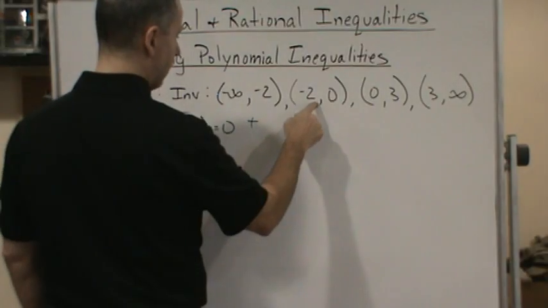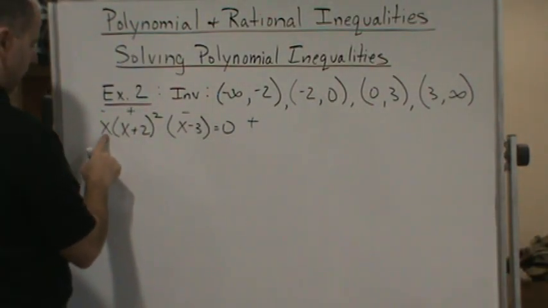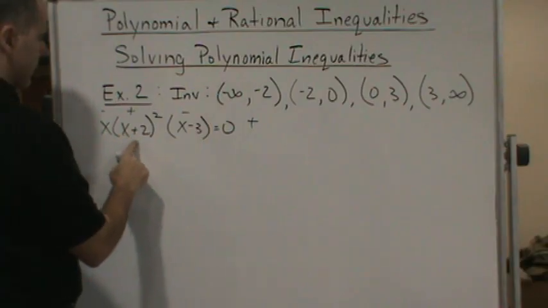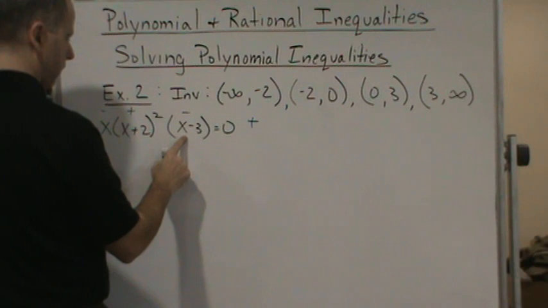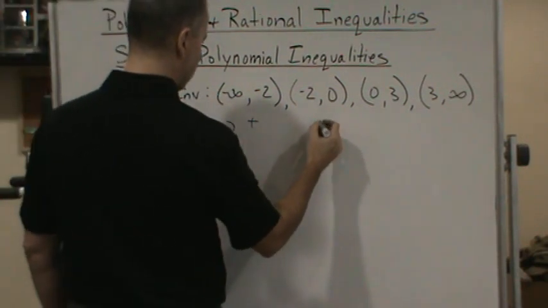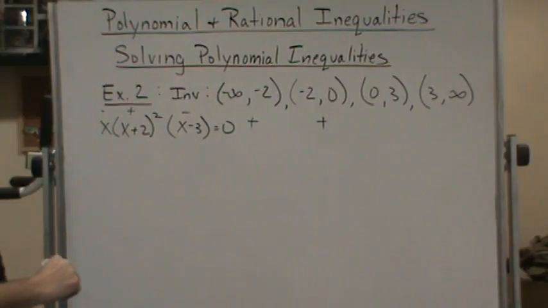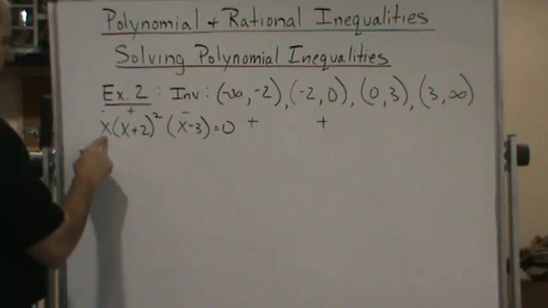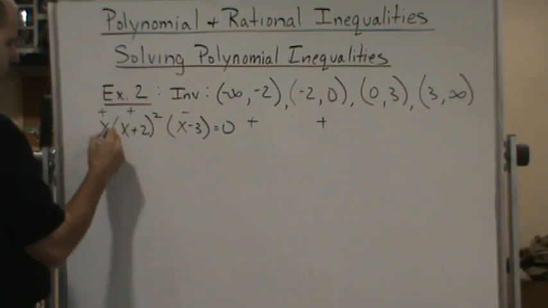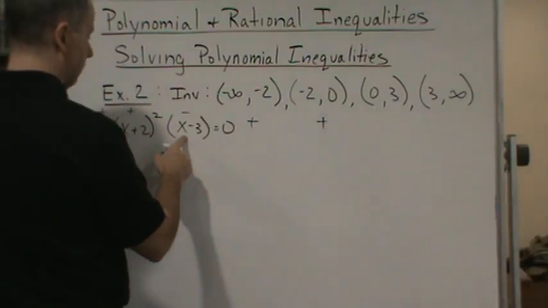Now let's choose -1. So this will still be negative, this will be positive, and this is going to be negative. So this whole thing is going to be positive. Now what about 0 to 3? Let's choose 1. Well, +1, it's going to be positive, this is going to be positive, and this is going to be negative.